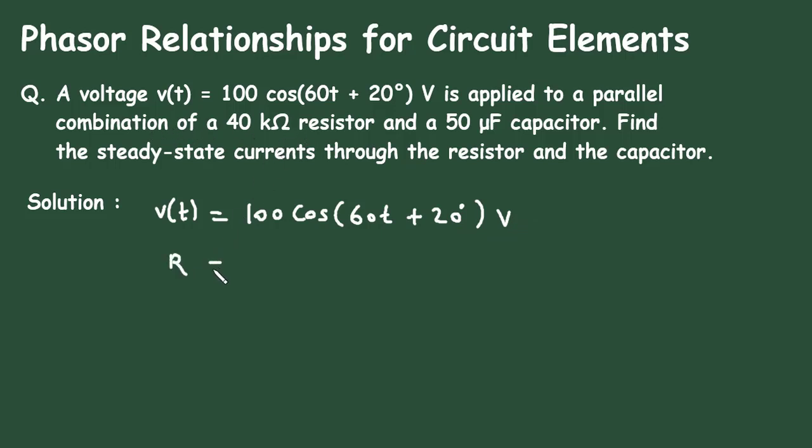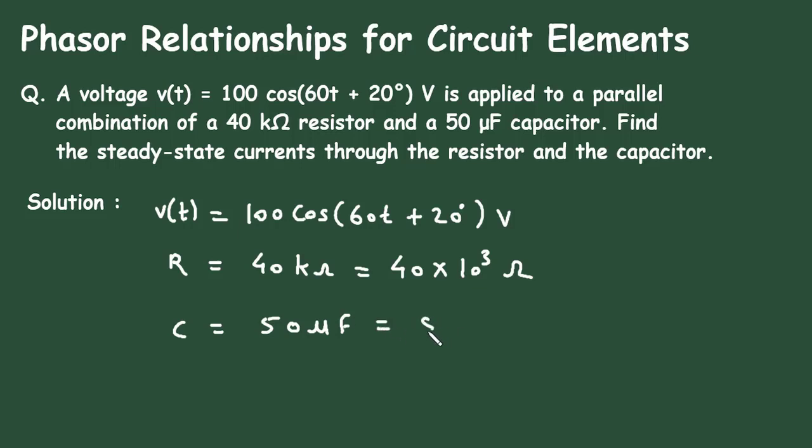So here we can write R = 40 kilo ohm, that is equal to 40 × 10^3 ohm. Then the value of capacitance is given, C = 50 microfarad. So it is equal to 50 × 10^-6 farad.